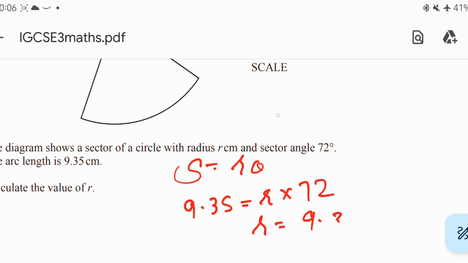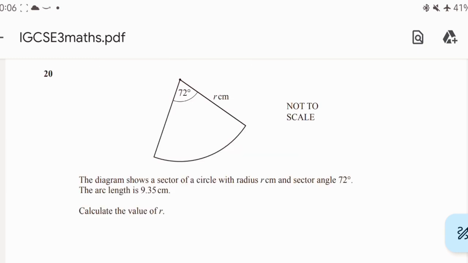9.35 over 72. Wait, I think I made some mistake here, because suppose the arc length S is equal to theta over 360 times the diameter.